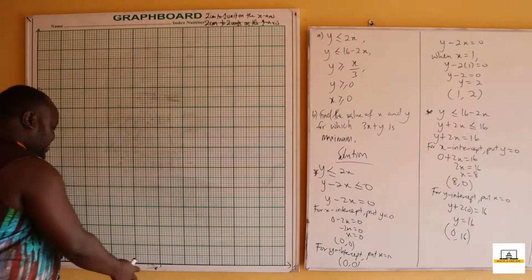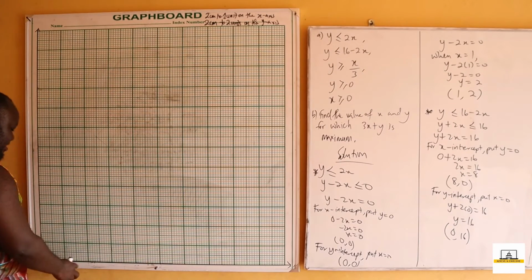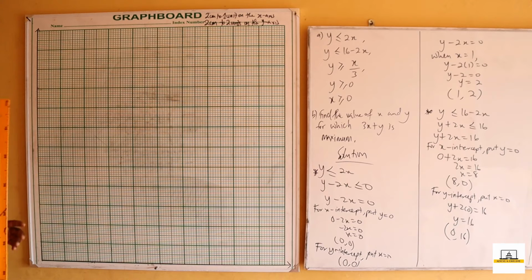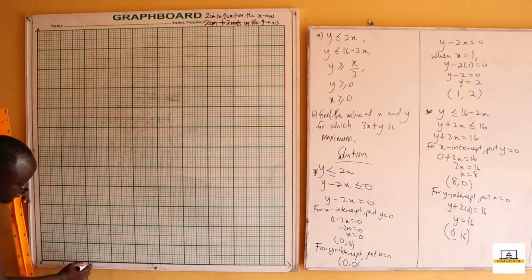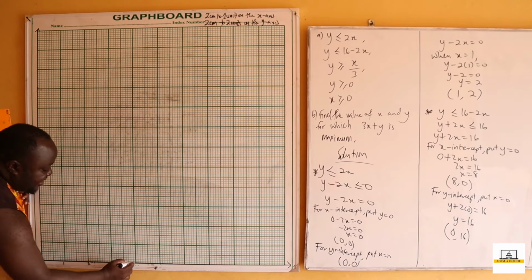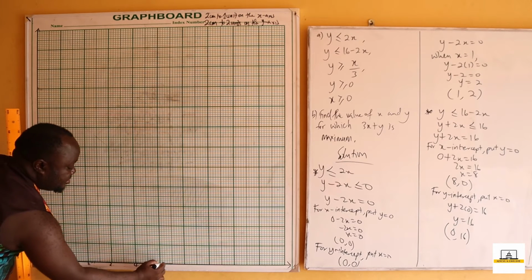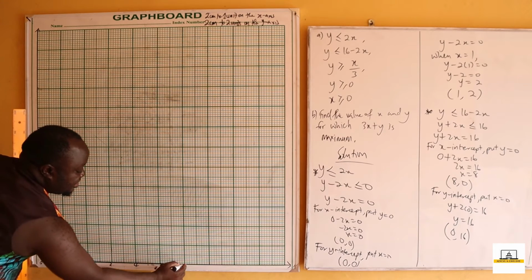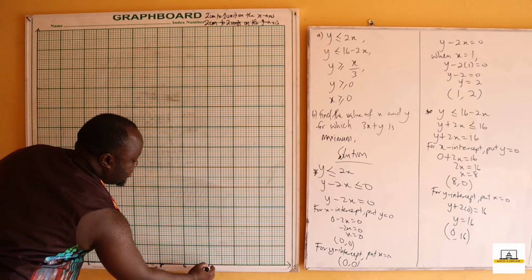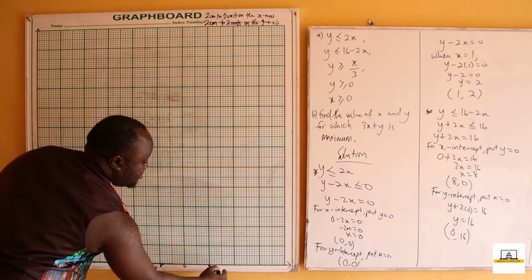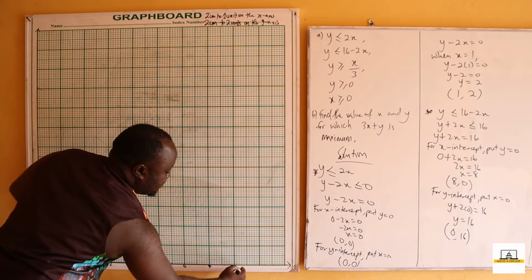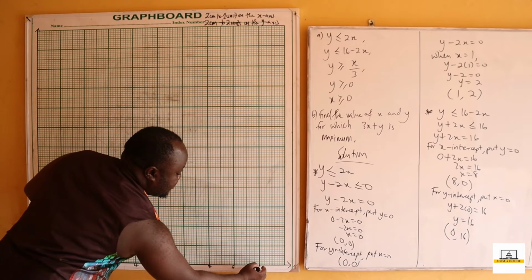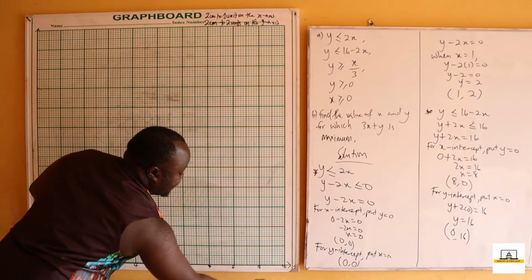After getting our x and y axes, we said 2 centimeters to 1 unit on the x-axis. So we have our origin 0 here. We have 1, 2, 3, 4, 5, 6, 7, 8, 9, and then we have 10.